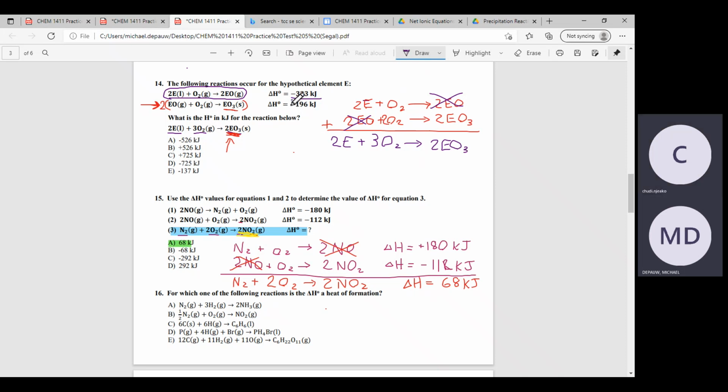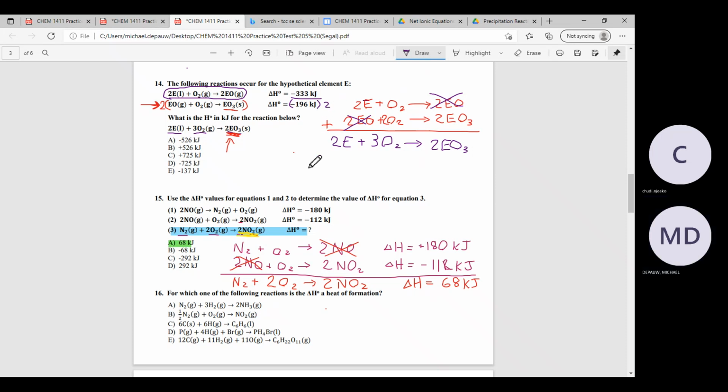And is that the overall equation I'm looking for? Yes. And because I multiplied that second equation by 2, I have to multiply the delta H by 2. And so the delta H then becomes the delta H of the first reaction, which was untouched, negative 333, plus 2 times the delta H of the second reaction, so 2 times negative 196.